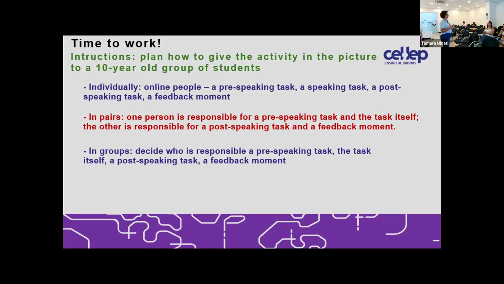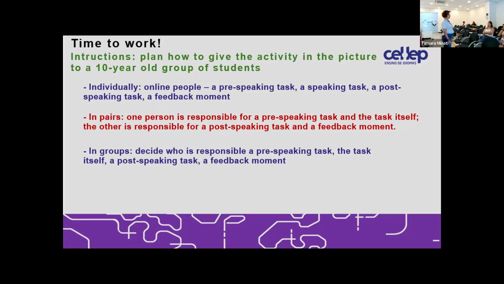During the speaking task, I would walk around the classroom and listen to what they were producing and maybe give them some help, and write down the questions that are difficult.